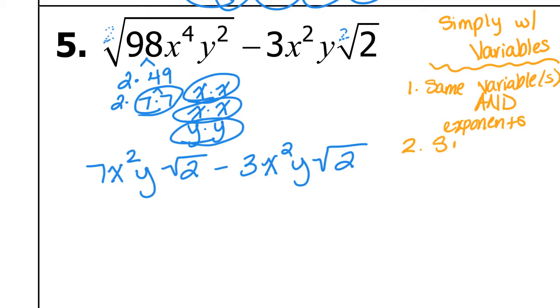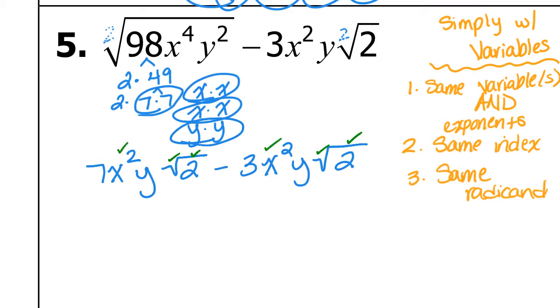2, do they have the same index? And 3, do they have the same radicand? So if I look at these two terms, they both are taking the square root, they both have the number 2 as a radicand, and they both have x squared and y.